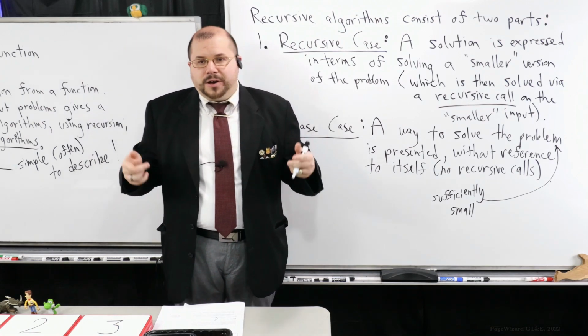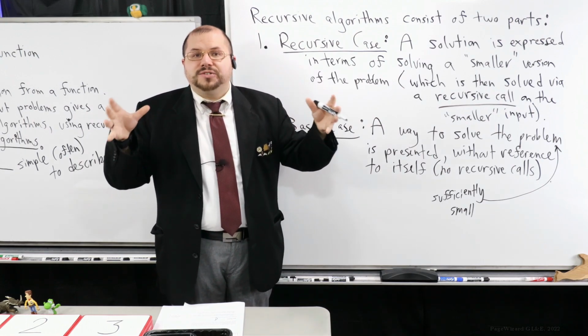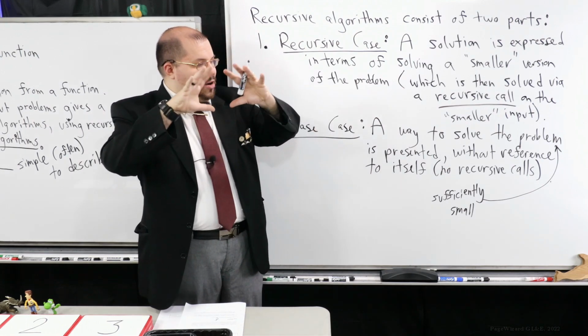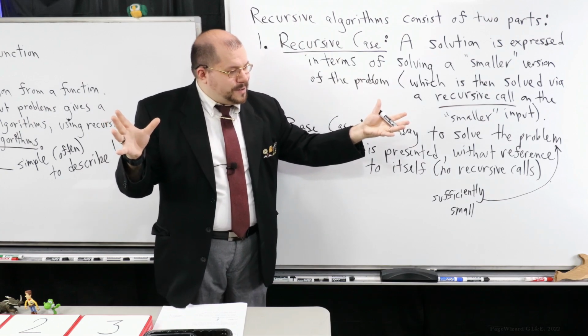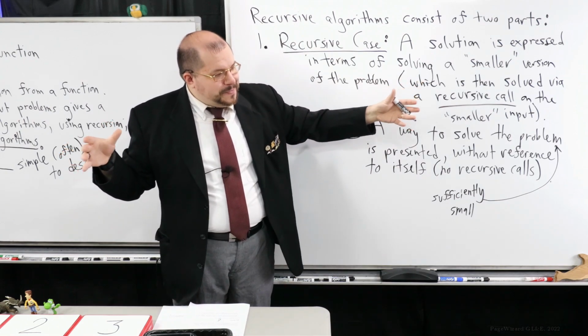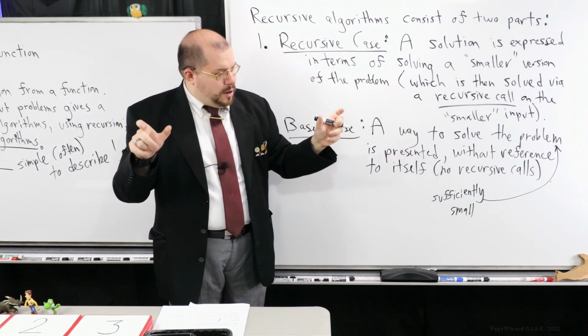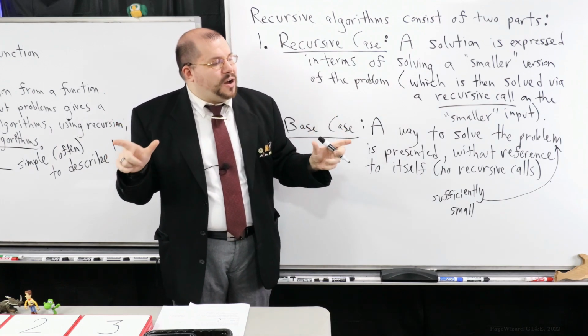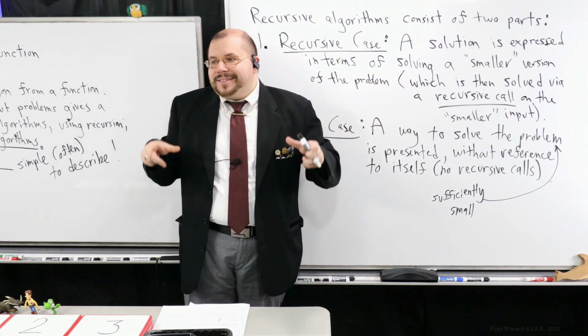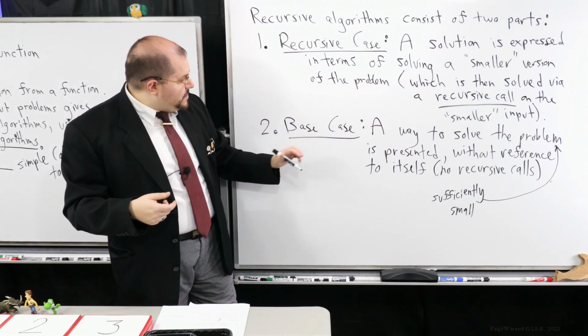This actually quite often happens when you combine sorting algorithms. You take a big complicated, very long input and break it into smaller chunks, but when they're really small, they might be really easy to solve directly. So that's another way you can view the base case.